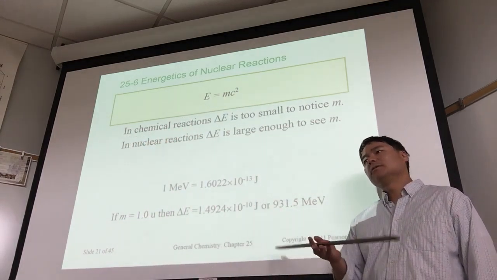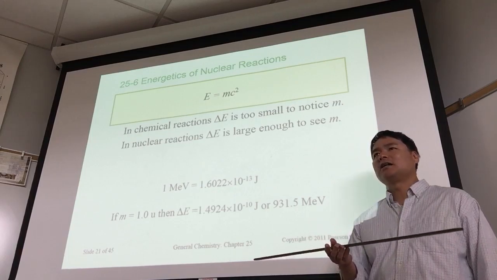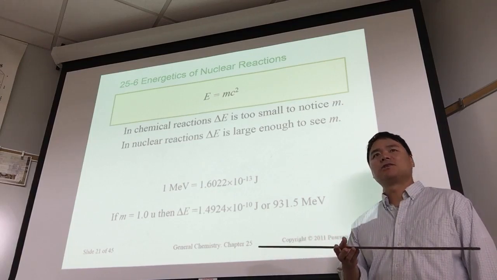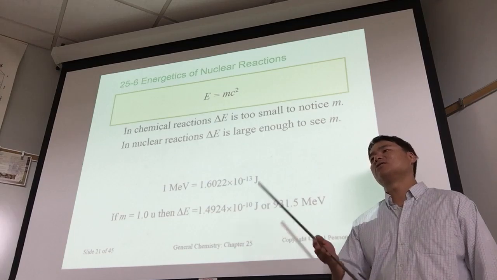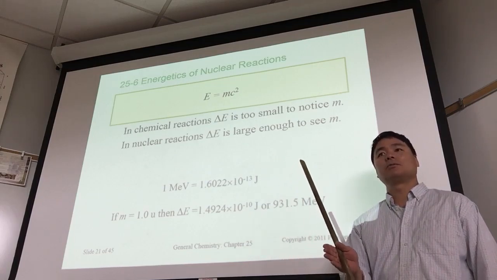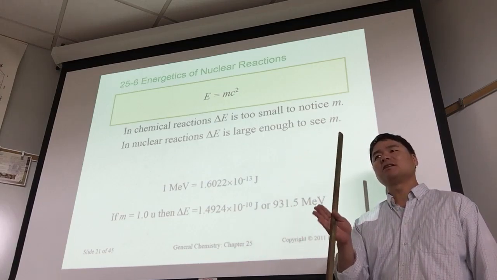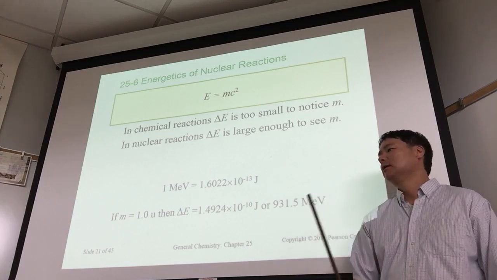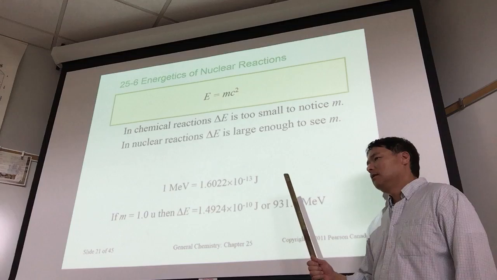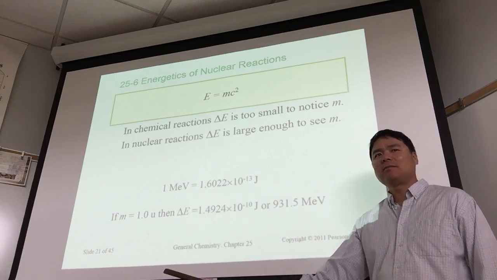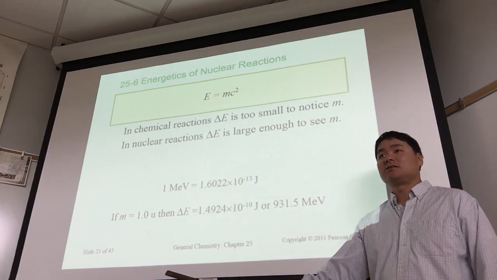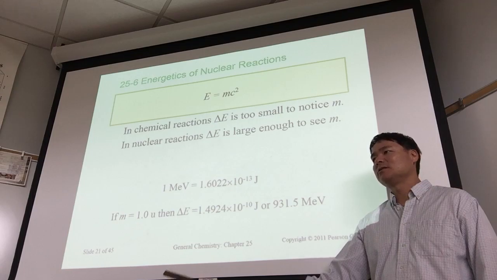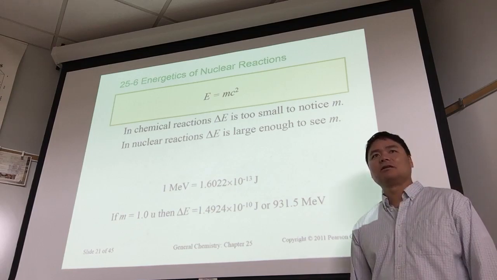A typical thing for us is the ionization energy of hydrogen, which is over 2,000 kilojoules per mole, or about 10 to the minus 19 joules per atom. Is 10 to the minus 19 joules all that much energy? No, but it is a big amount of energy, because in order to ionize hydrogen, it's big.